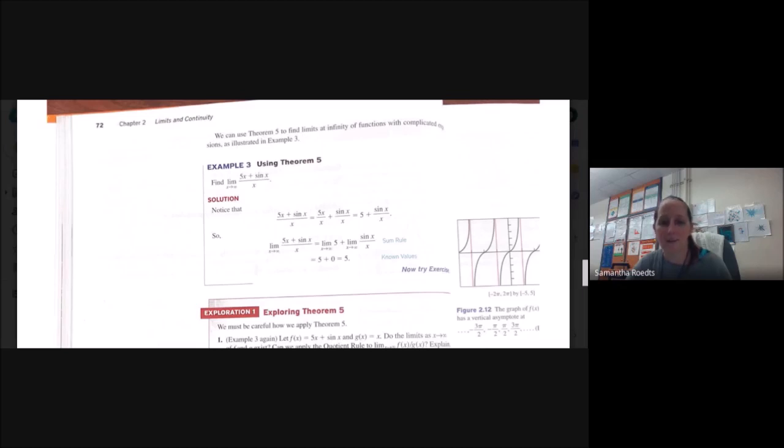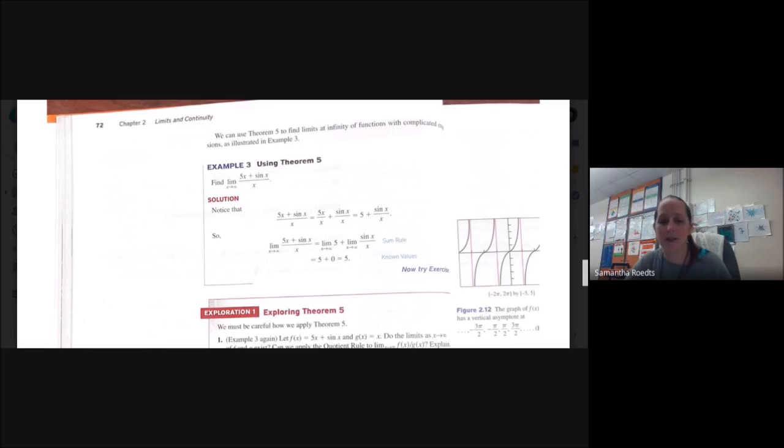I can notice that 5x plus sine x, I can break that down. I can use the sum rule here, and I could use the quotient rule as well if I wanted to, but I probably won't end up doing that. So 5x plus sine x over x equals 5x over x plus sine x over x, which equals 5, because the x's cancel, plus sine x over x.